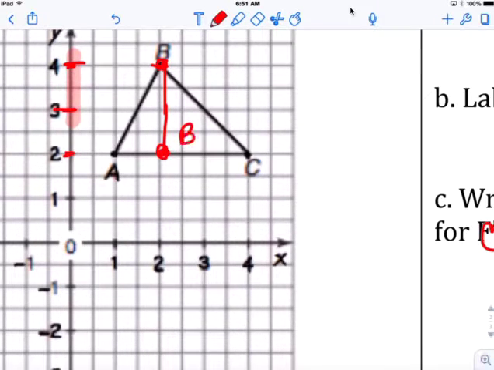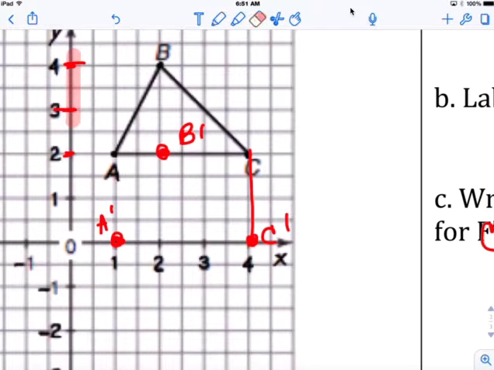It's B prime there, 2 units. Same thing, 1 and then 2 right here, you see. And then 2 units down, A prime. C, 1, 2.